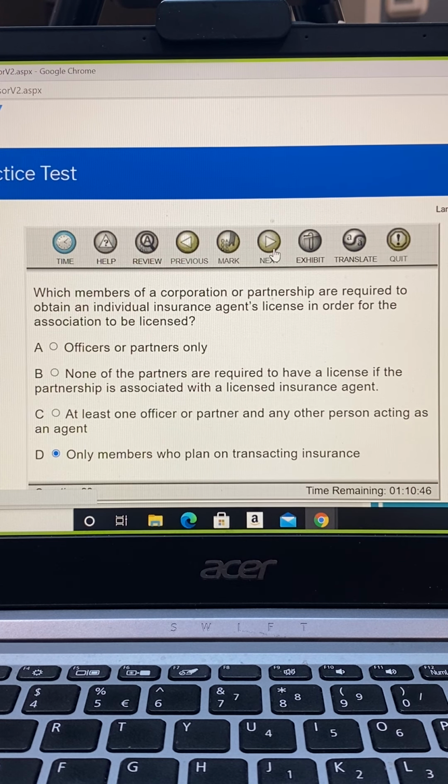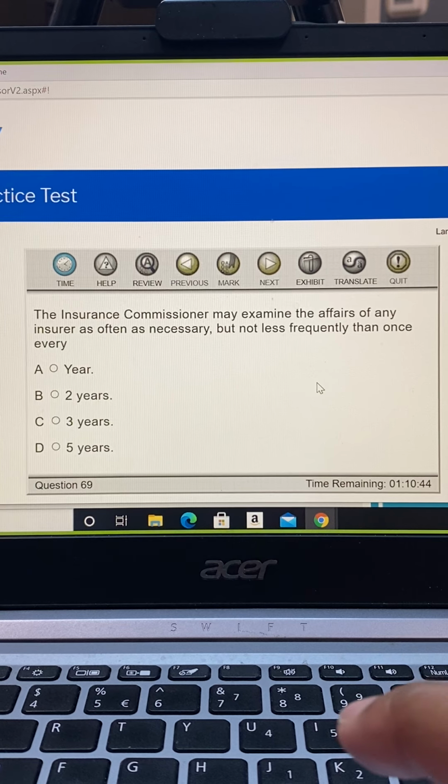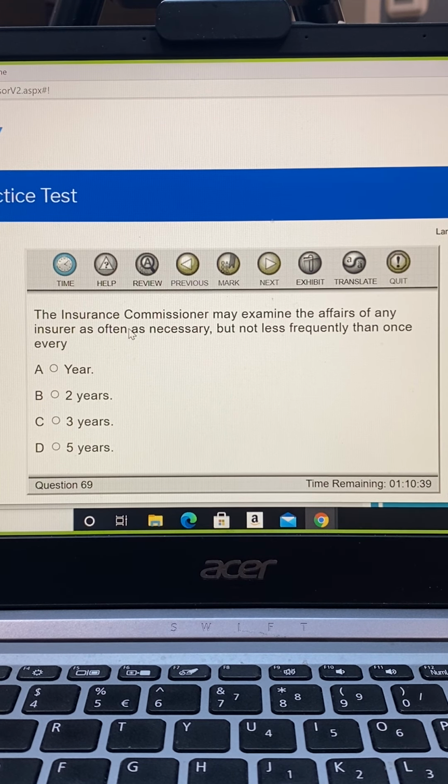Let's go with that. The insurance commission may examine the affairs of any insurer as often as necessary, but less frequently than once every, I think it's 3 years.